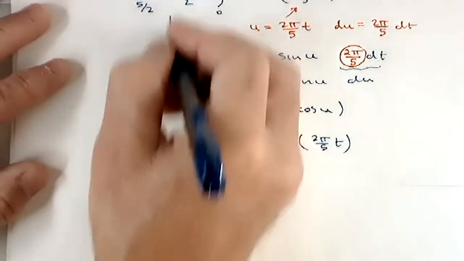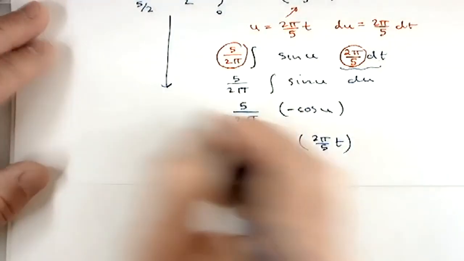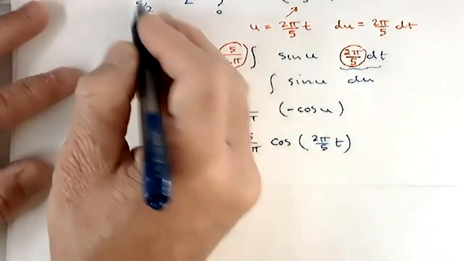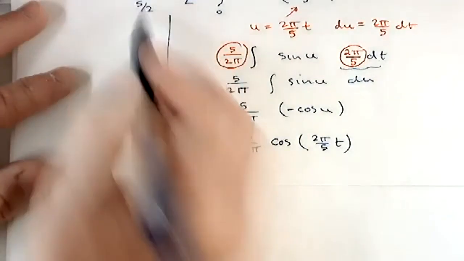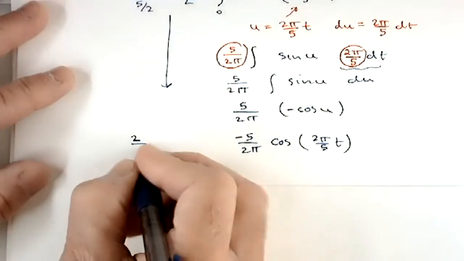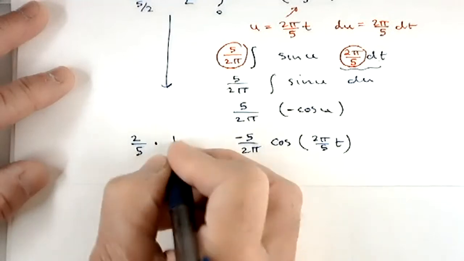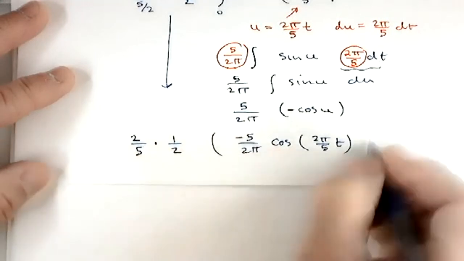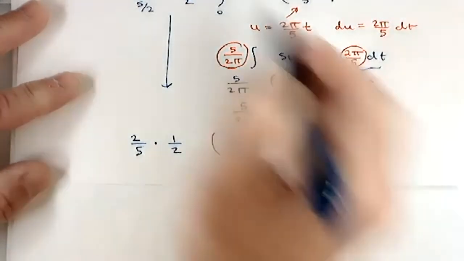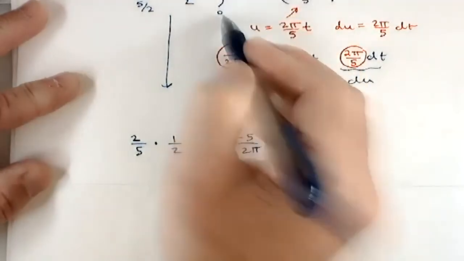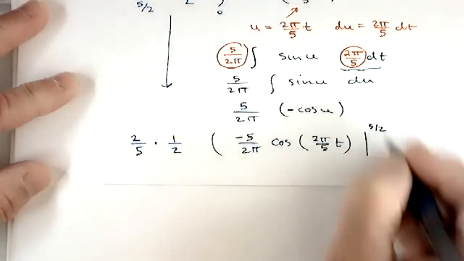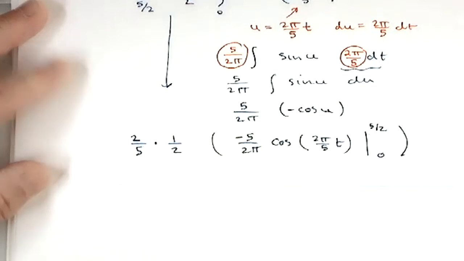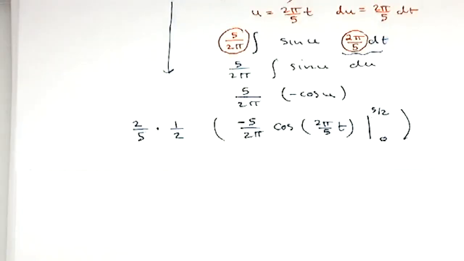I can't forget about this. So 1 over 5 halves is the same as 2/5 times 1/2. And then I have this, which I then need to evaluate from 5 halves to 0. Oh man, I'm going to need one more.